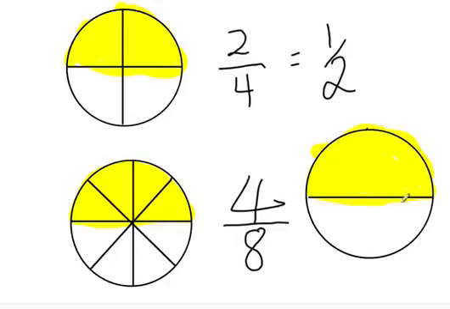There are 2. 1, 2. How many pieces are shaded? 1. So this is where I have 1/2. So you can see 1/2, 4/8, and 2/4 are all equivalent fractions. They take up the same top part of my circle. Each piece, the numerator, is a different size, but overall they take up the same amount of space on the circle.